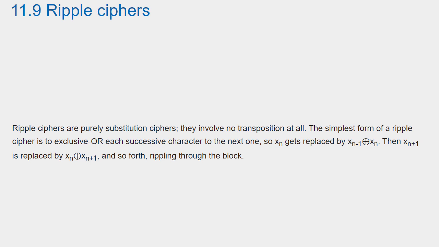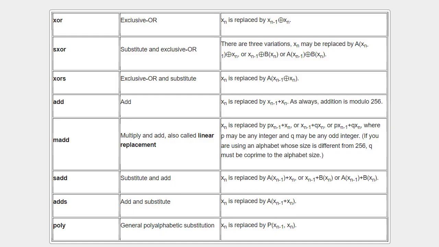The simplest form of a ripple cipher is to exclusive OR each successive character to the next one. So xn gets replaced by xn-1 exclusive OR xn. Then xn plus 1 is replaced by xn exclusive OR xn plus 1, and so forth, rippling through the block. There are many ways to use the preceding character to encipher the next character.